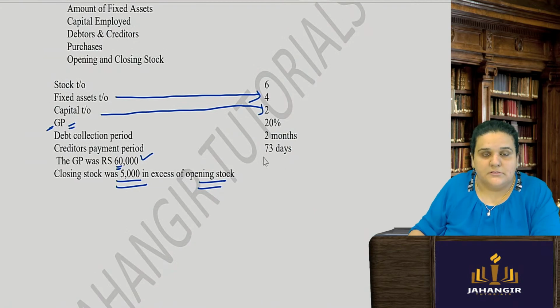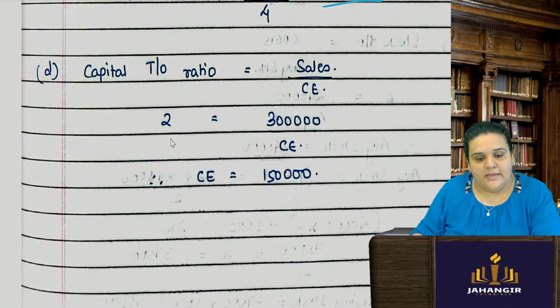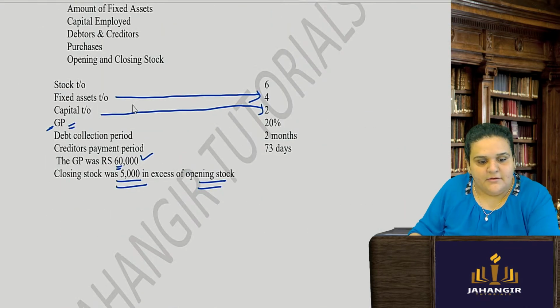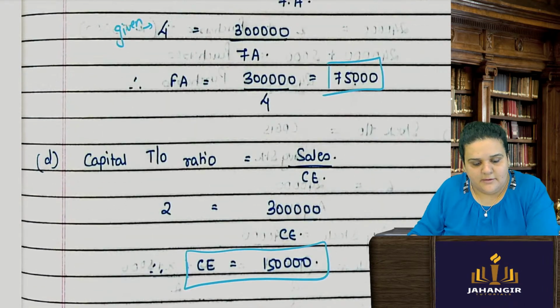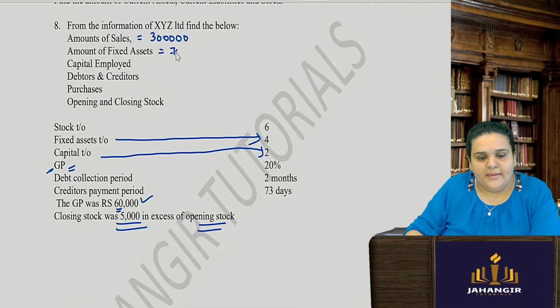I can use this. I have my sales, I have my ratio. So my capital employed will be 1,50,000. So I am done with finding the amount of sales, 3 lakhs. I'm done with finding the amount of my fixed assets, 75,000. And my capital employed is now 1,50,000.